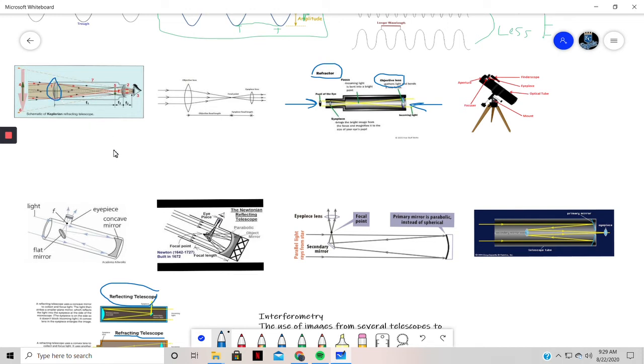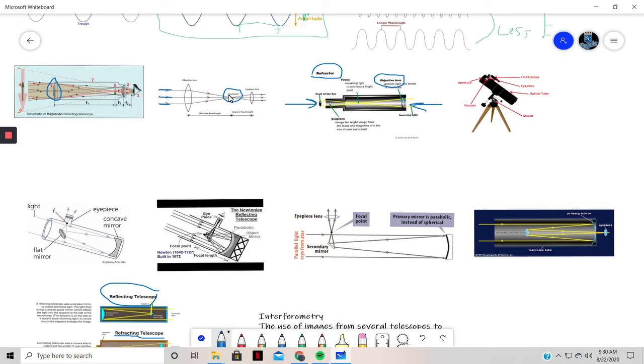And that bends the image, bringing it all to what we call a focal point. So it takes this part of the image, this part of the image, this part of the image, and bends them to bring them all to a focal point in a nice, crisp, clear manner.